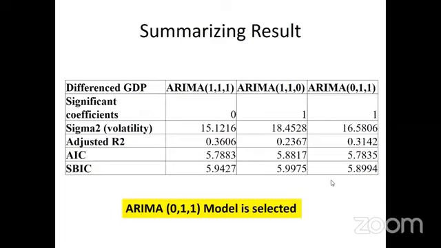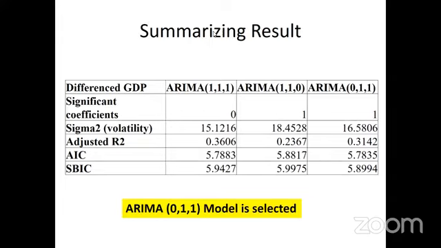So ARIMA 011 is the best model for our data. Clear? Is it clear? R square should be high, sigma square should be low, AIC should be low, SBIC should be low.